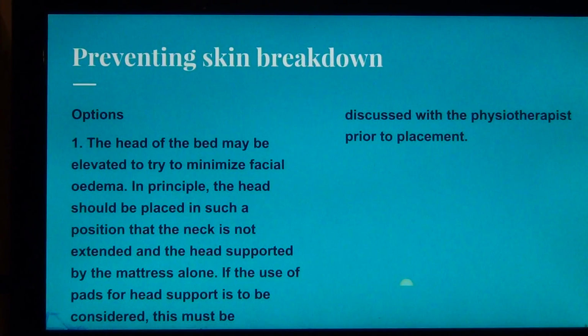In principle, the head should be placed in such a position that the neck is not extended and the head is supported by the mattress alone. If the use of pads for the head to be supported is considered, this must be discussed with a physiotherapist prior to placement.